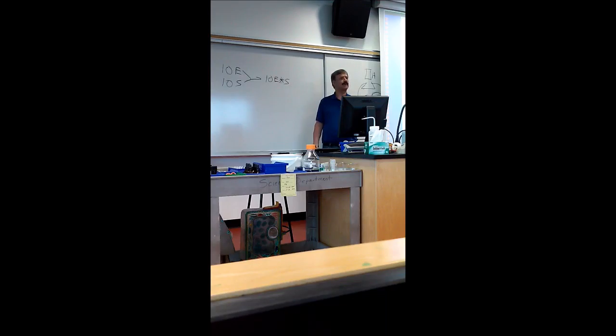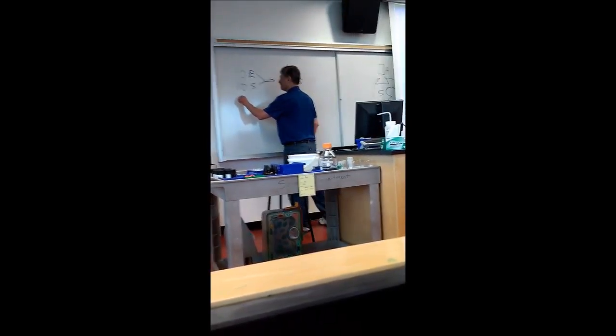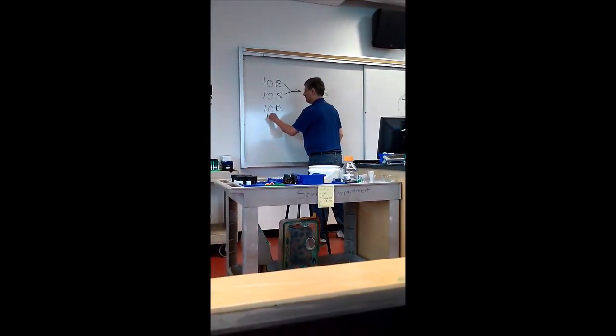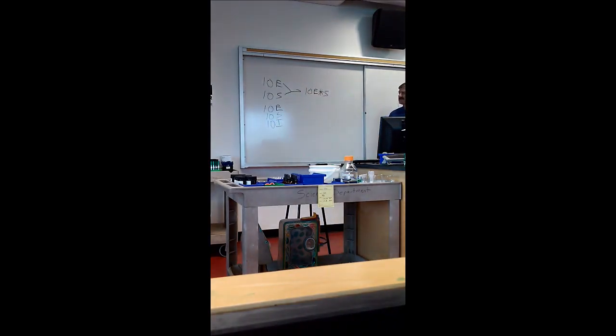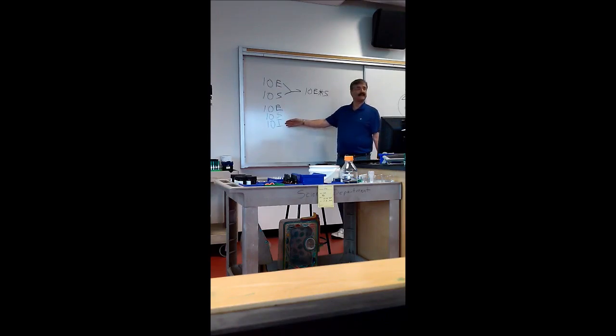But now let's throw in an inhibitor. So 10 enzymes, 10 substrates, 10 inhibitors. Now by random collisions, playing the odds, you would expect half the enzymes to bind to the substrate, half to bind to the inhibitor. Just by random chance.